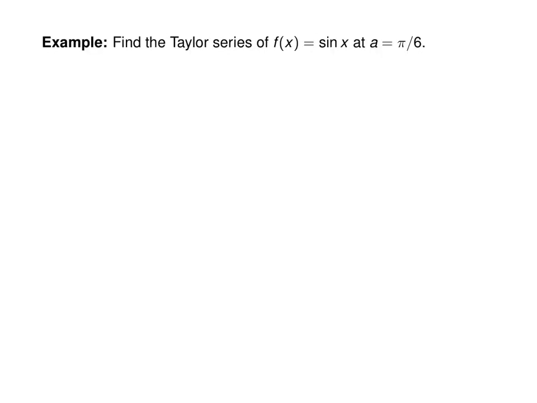So in general, let's find the Taylor series for sine at pi over 6. So we're not going to use any of the previous things we wrote down because those are Maclaurin series.